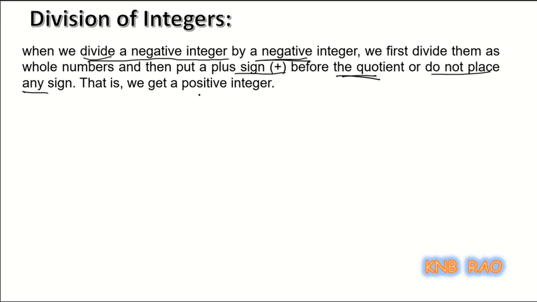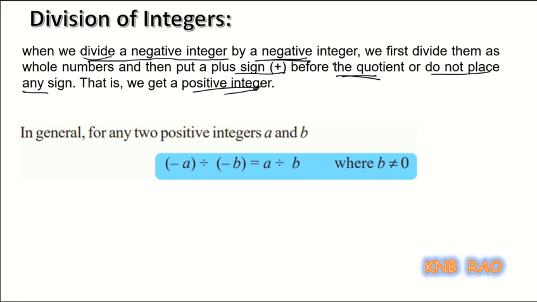Thus, we get a positive integer as the quotient. In generalization, we can say minus a divided by minus b is just a divided by b, provided the divisor is a non-zero integer.